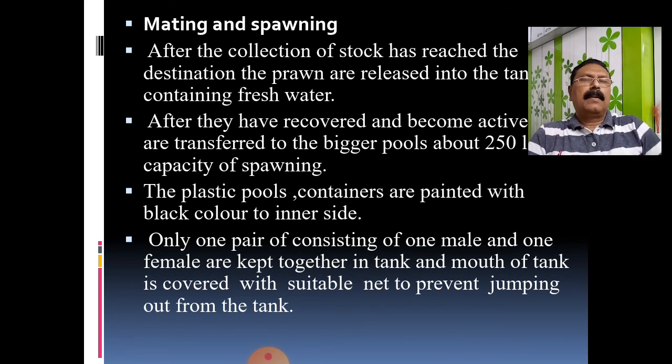After collection of the stock, when it reaches our culture site destination, the prawns are released into a tank containing fresh water. After transportation, the mature prawns, male and female, are stocked into a small container with fresh water, and slowly acclimatized to the new conditions.